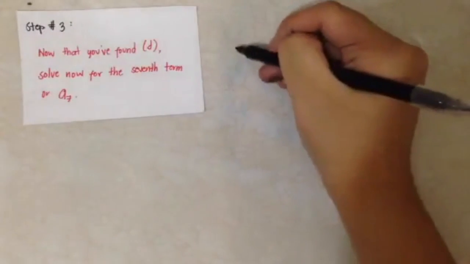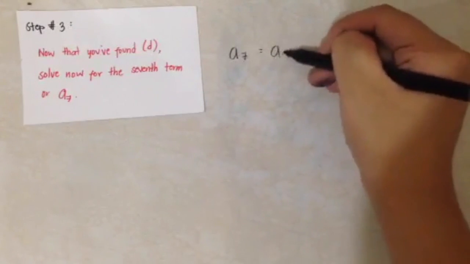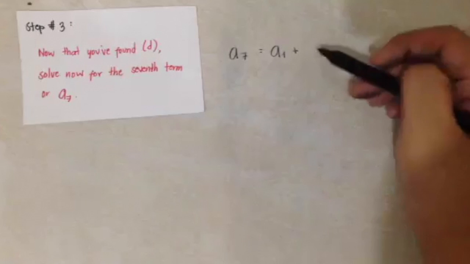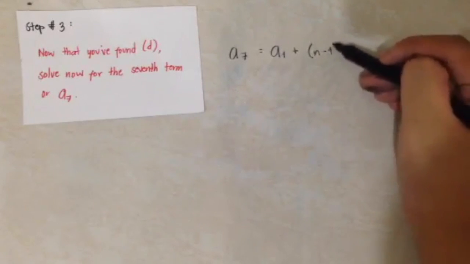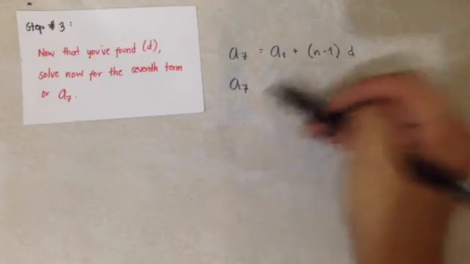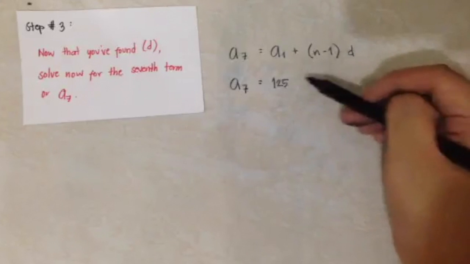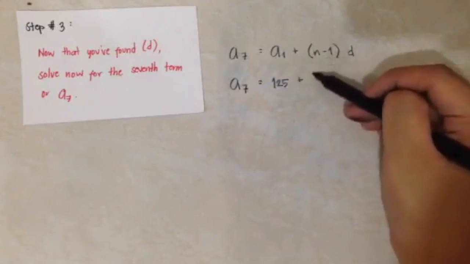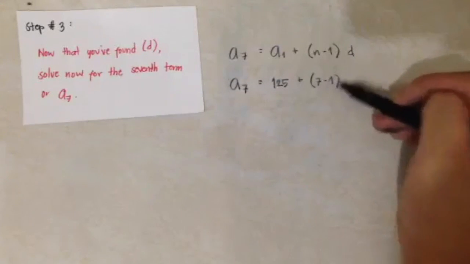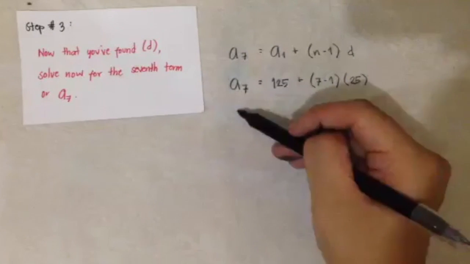So, a sub 7 is equal to a sub 1 plus the quantity n minus 1 d. Substitute: a sub 7 is equal to a sub 1, which is 125, plus 7 minus 1 times 25.